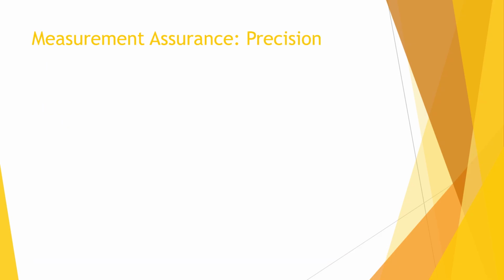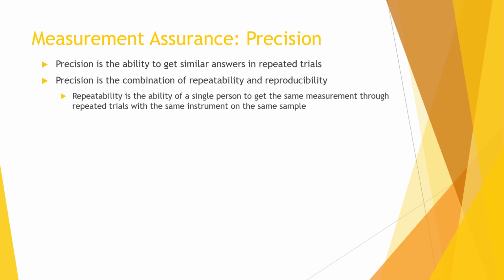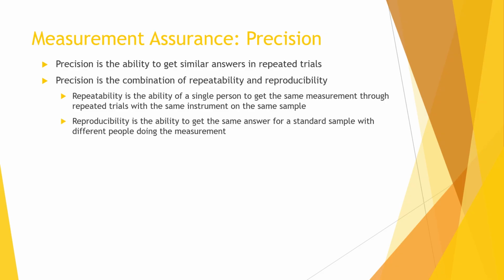Measurement assurance, precision. Precision is the ability to get similar answers in repeated trials. Precision is the combination of repeatability and reproducibility. Repeatability is the ability of a single person to get the same measurement through repeated trials with the same instrument on the same sample. So it's that same barista getting the same measure when measuring the same item over and over again.